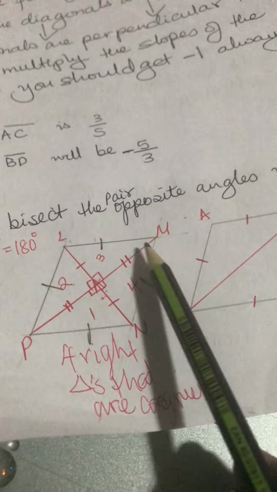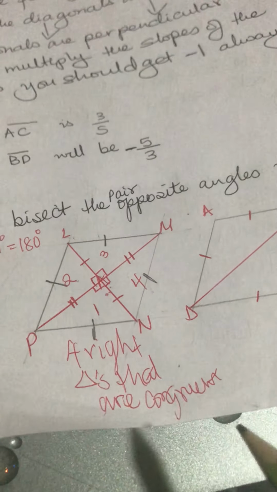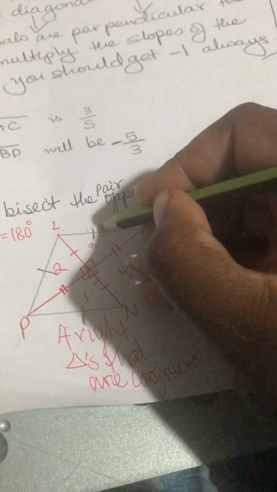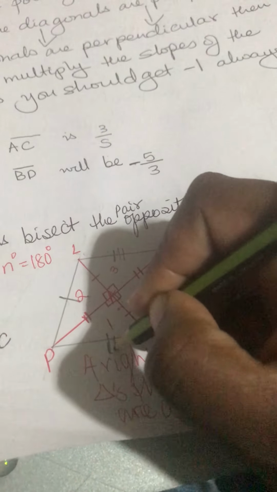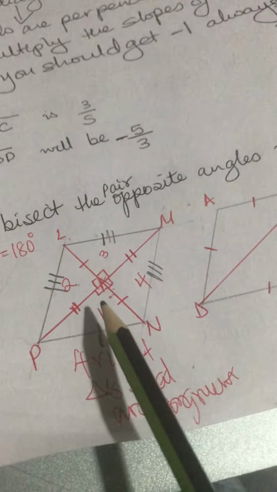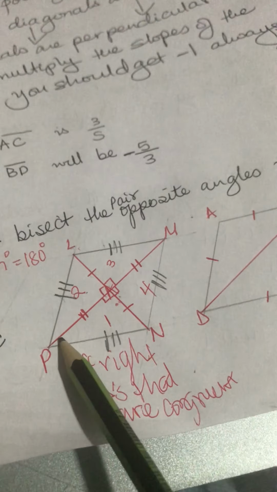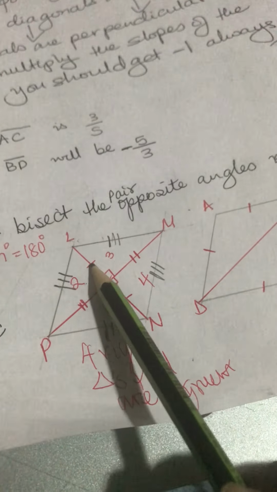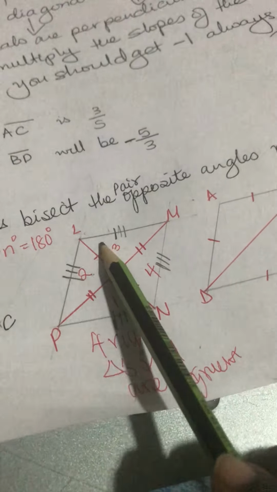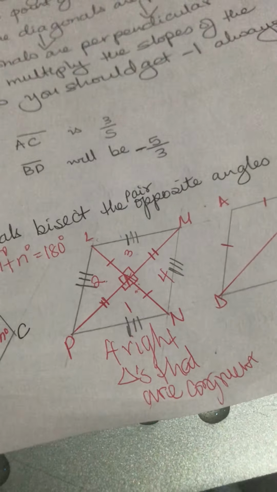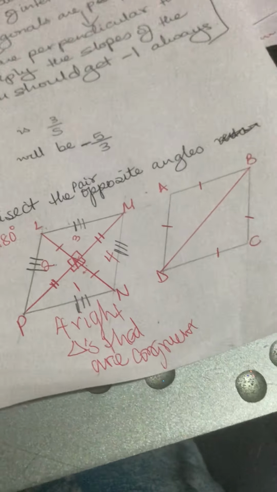They have 2 lines and 1 line and there. I should make this 3. 1, 2, 3, so that I don't confuse. All the 3 lines are different sizes. So you have a right triangle with 3 different sides. But each triangle is the same as the other, and they are right triangles.